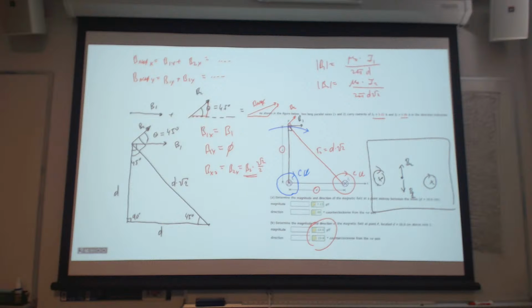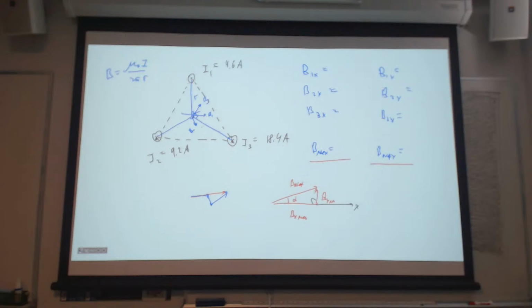Okay. Hi again. Welcome. So I just did the calculation for number 9 with the equilateral triangle, and it's weird. Originally I had done the calculation with all of them going into the page, and I got the right magnitude.